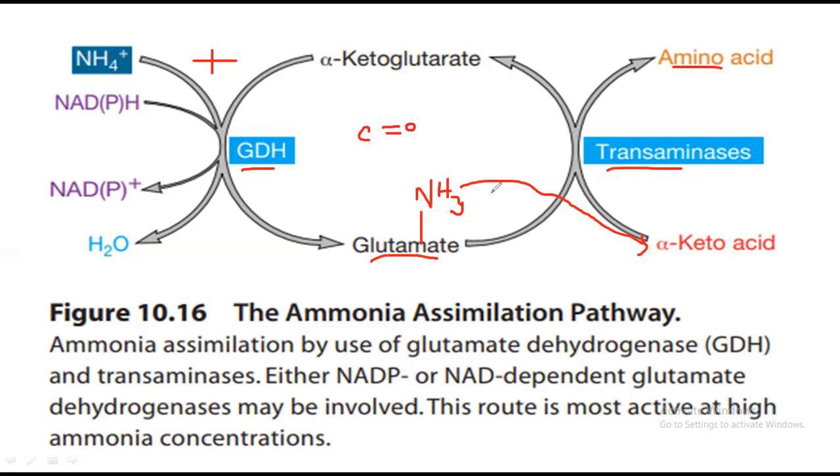So glutamate can give its NH3 to other alpha keto acids with the help of transaminase and give rise to other amino acids. Keep this in mind, this is a very important point. And glutamate is the first amino acid that is formed very easily. So keep these points in mind.